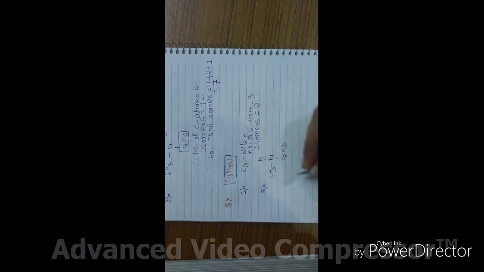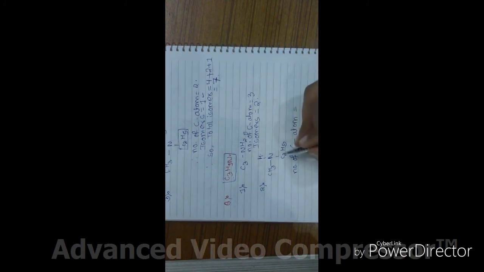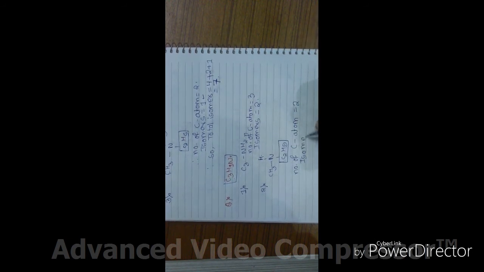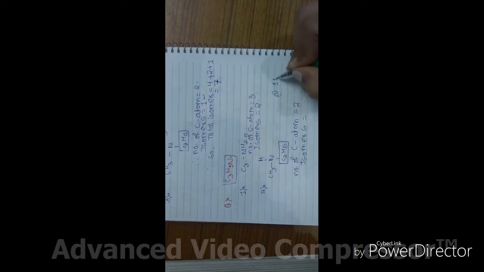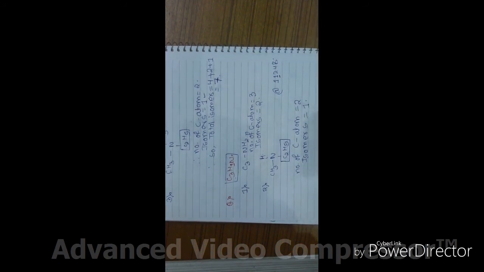For this, the number of carbon atoms equals 2. Take the longer chain, 2. So isomers, we have to remember 1, 1, 2, 4, 8. So for carbon number 2, 1 isomer is present.